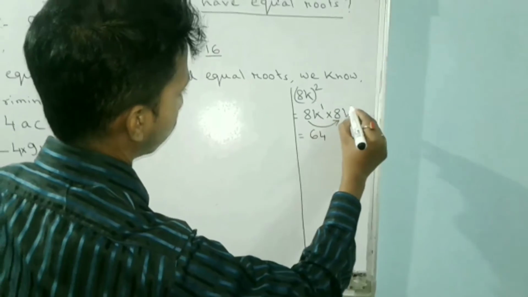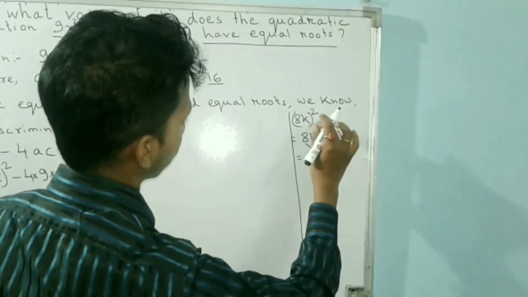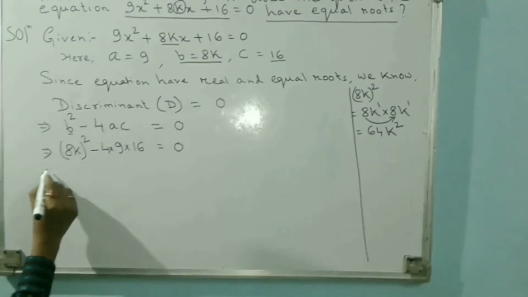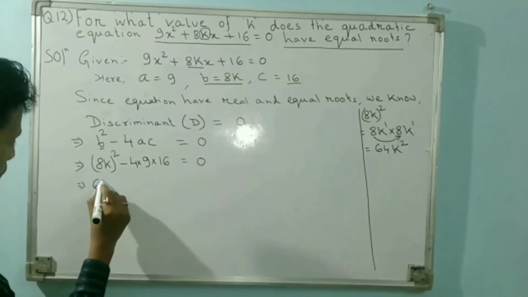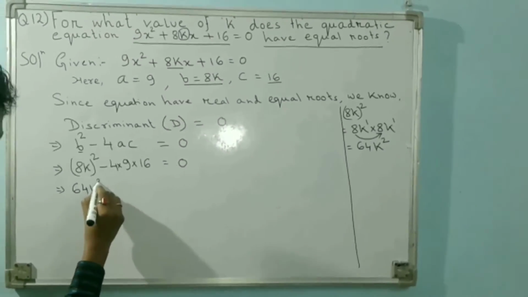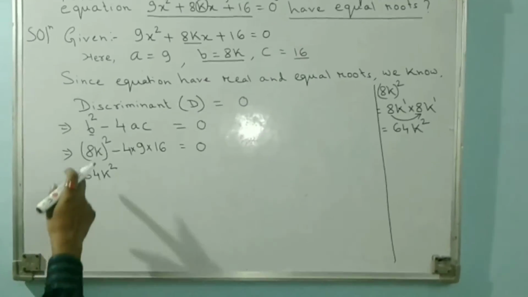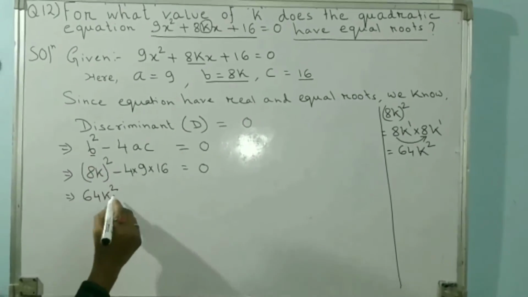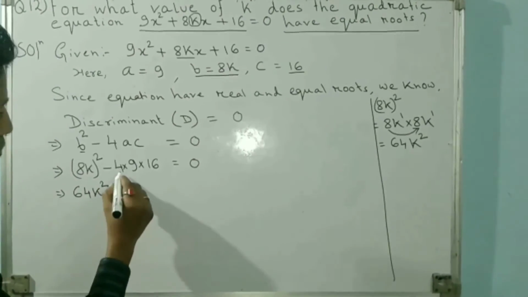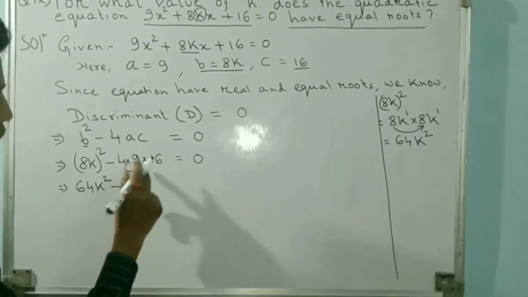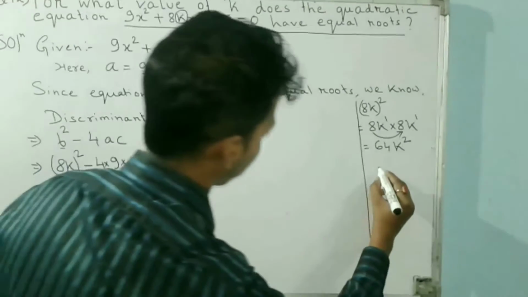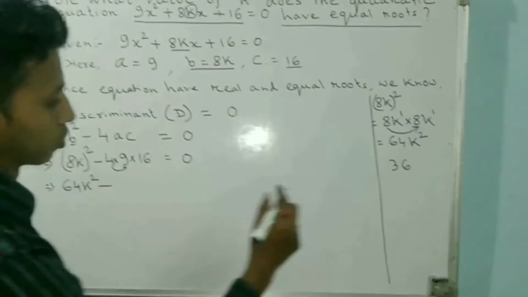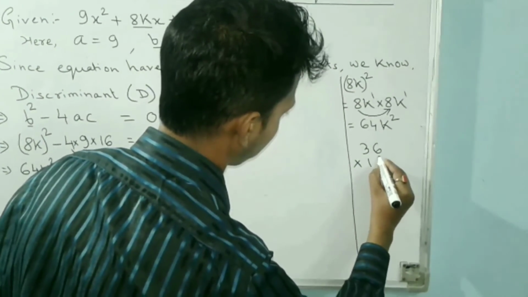Here the power of k is 1, here the power of k is 1, 1 plus 1 is 2, so we get 64k square. Minus, now multiply 4 into 9, 4 nines are 36, and here we have 16. So 36 multiplied by 16.